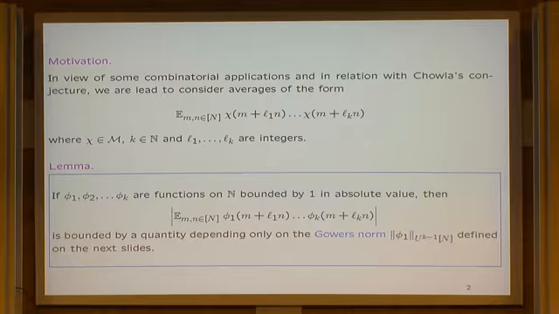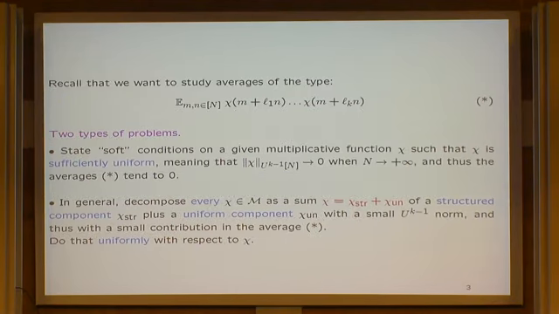Because we know that the Gowers norm is an important norm for the evaluation of these averages, we have two kinds of problems.